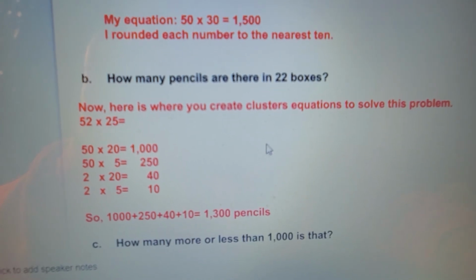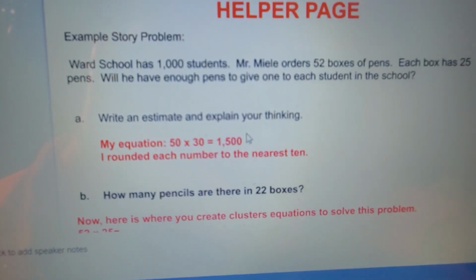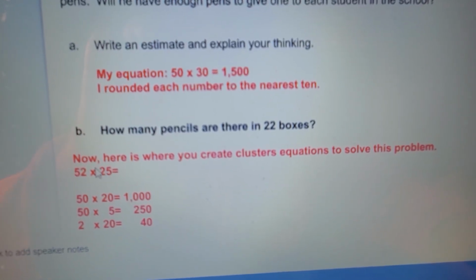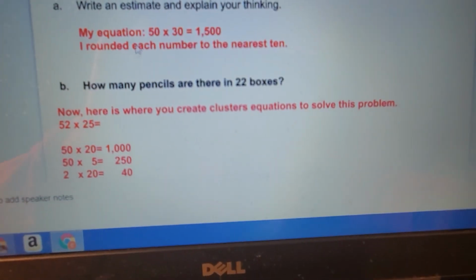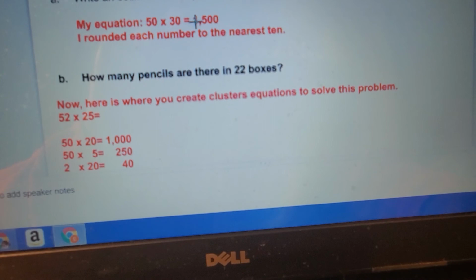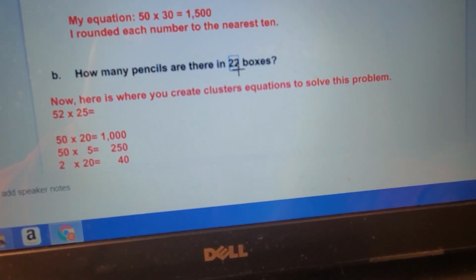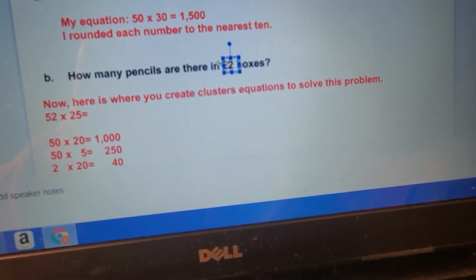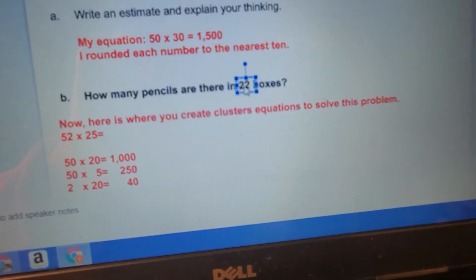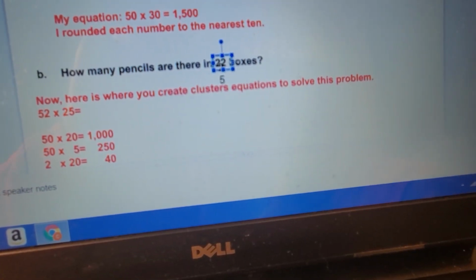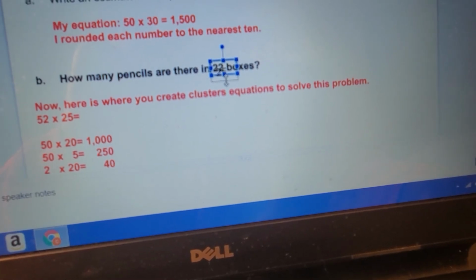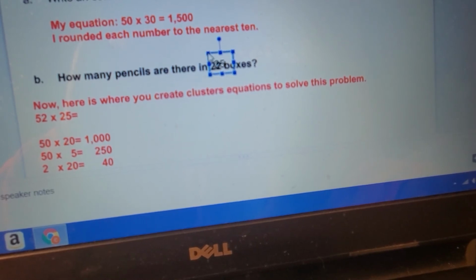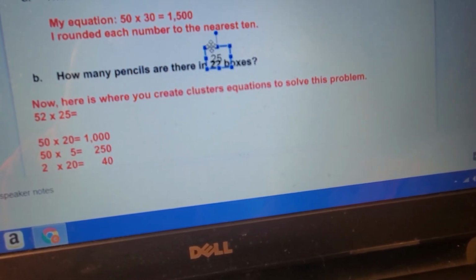How many pencils are there in the 22 boxes? So now we solve it. That should be 25 boxes. I apologize. So we multiply 52 times 25. And let me change this, and I'm just going to do that now. I apologize. 25. And then what I'll do is put that up here.